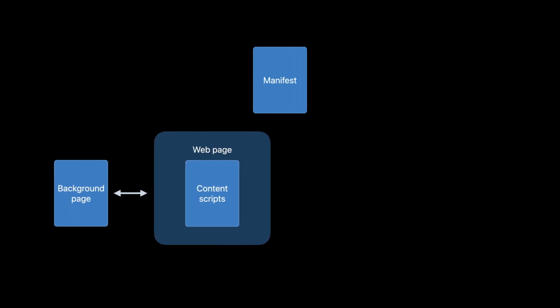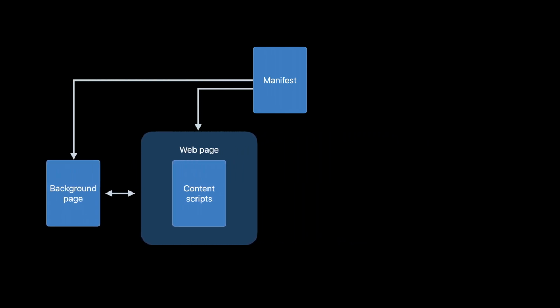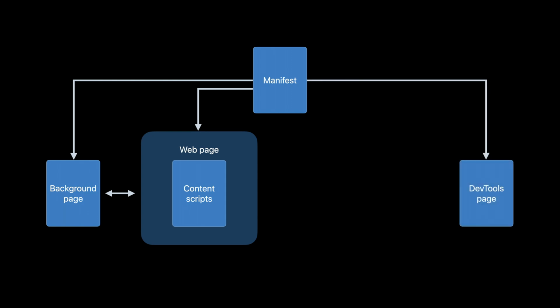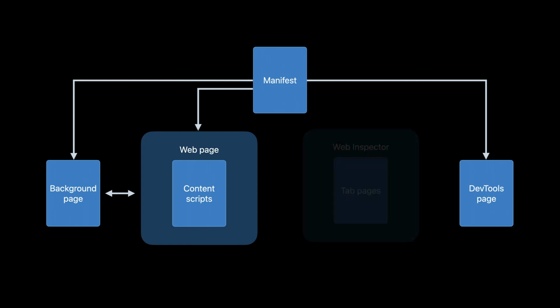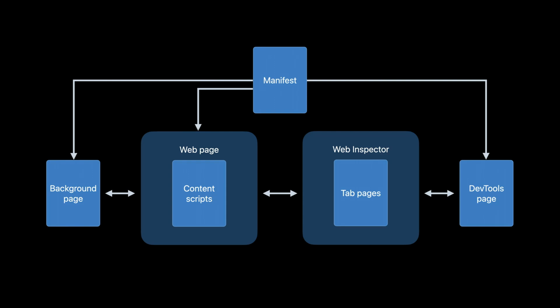For Web Inspector extensions, a couple other pages enter the mix. First, there is a required DevTools background page for the behind-the-scenes logic of your Web Inspector extension. This page has access to the unique DevTools APIs and only a limited set of the content script APIs. From this DevTools background page, you can create DevTools tab pages that will be shown in Web Inspector.